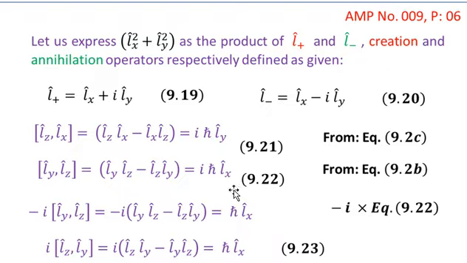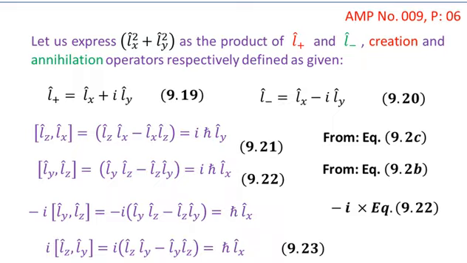And I have relabeled that equation as 9.22, that is, equation number 22. And you see that here I am multiplying equation number 22 on both sides by the constant −i. So −i is being multiplied to both sides of equation number 9.22, and I shall get this relation.